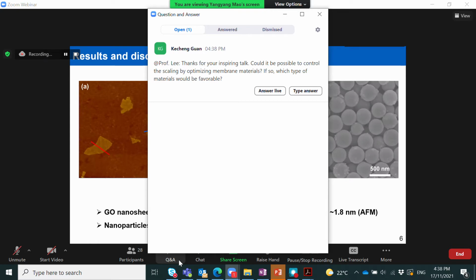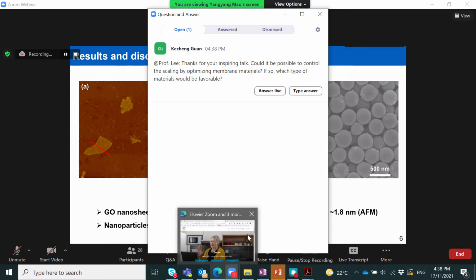Firstly, we performed the SEM and AFM of our materials. We found that the GO nanosheets we utilized had a lateral size of about 1 to 2 micrometers and a laminar thickness of about 1.8 nanometers.